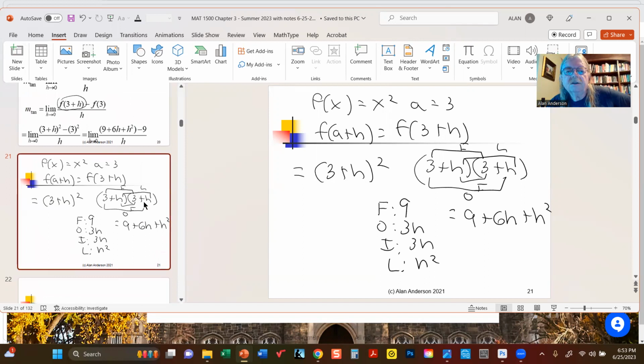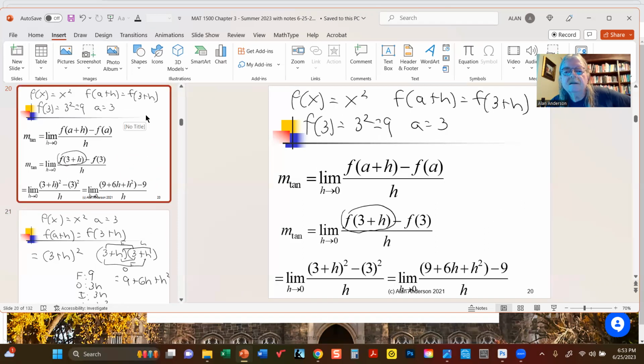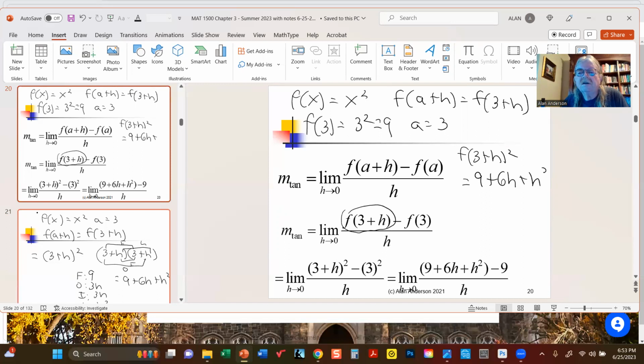All right, so that being the case, we can plug that back in to our formula. So we just got through showing that f of 3 plus h squared is 9 plus 6h plus h squared.